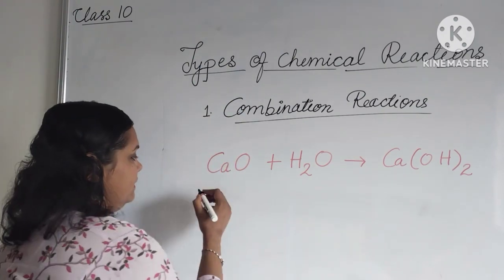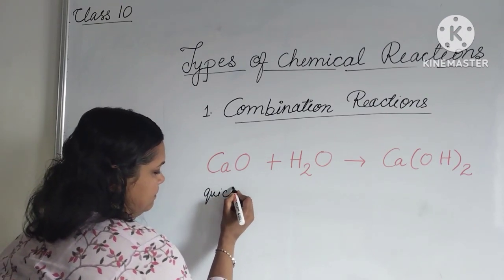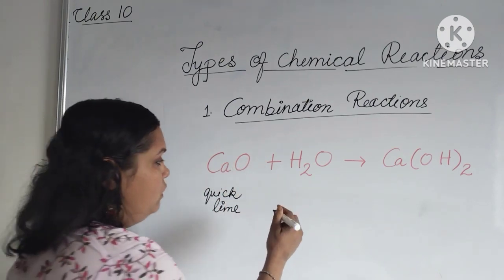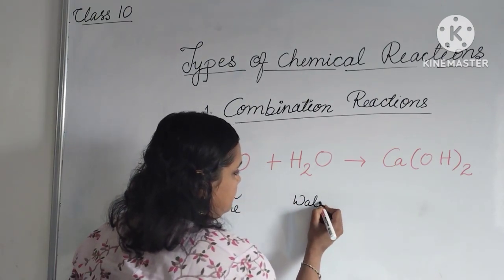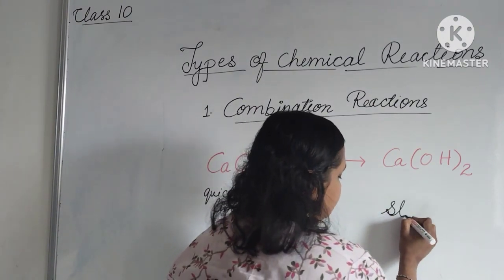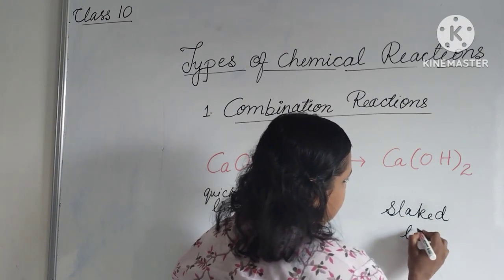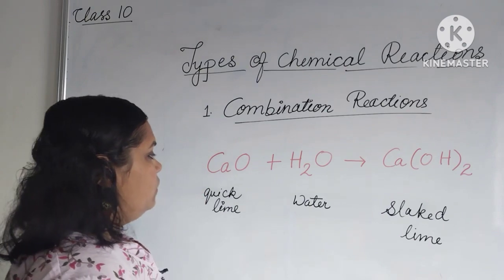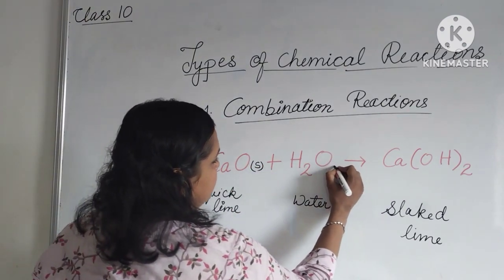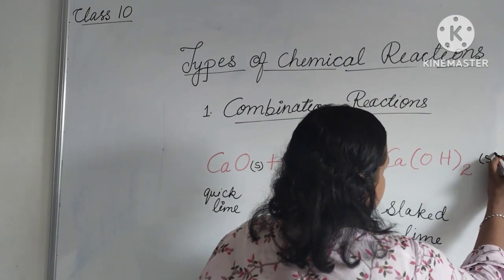In this reaction, calcium oxide, which is called as quicklime, combines with water to give slaked lime. That is calcium hydroxide. Okay, so it is in solid form, this is liquid, and this is again solid.